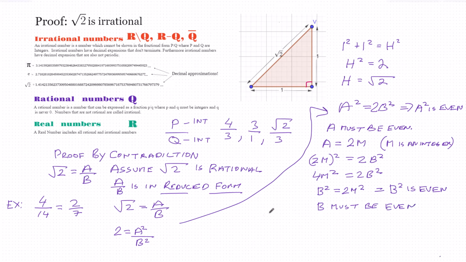But we have a problem because we said that a over b was in reduced form. But since a over b is basically an even number over an even number, therefore it's not in reduced form.